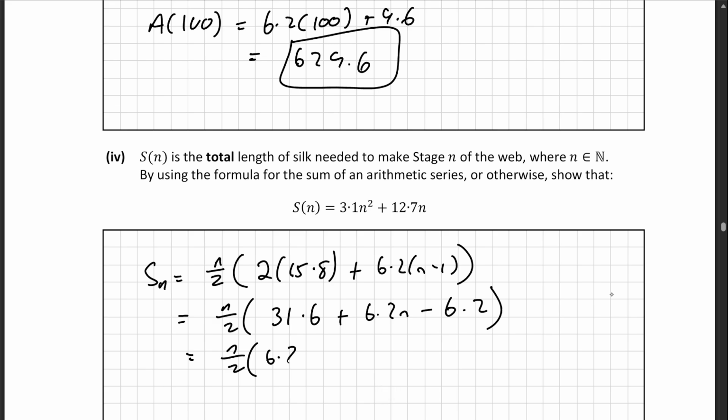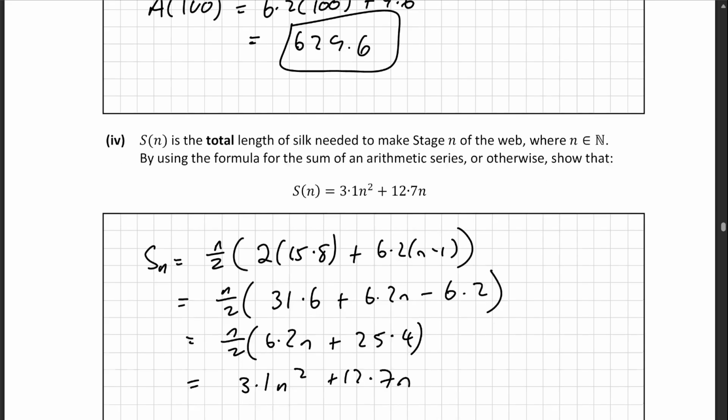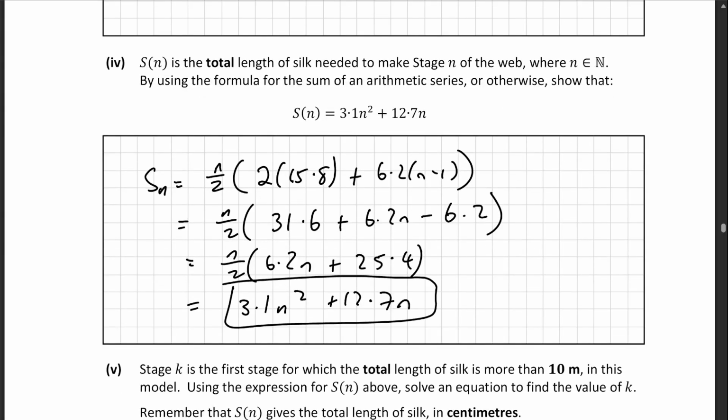So we'll have 6.2n, and then 31.6 minus 6.2 is positive 25.4. So we'll have 3.1n squared plus 12.7n. Okay, so that works out okay.